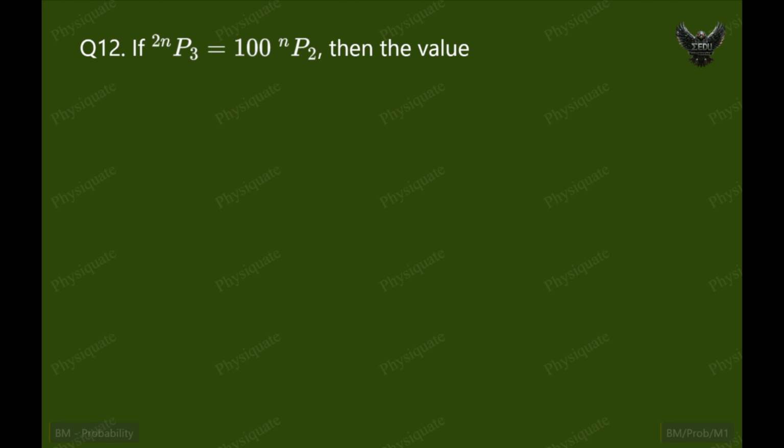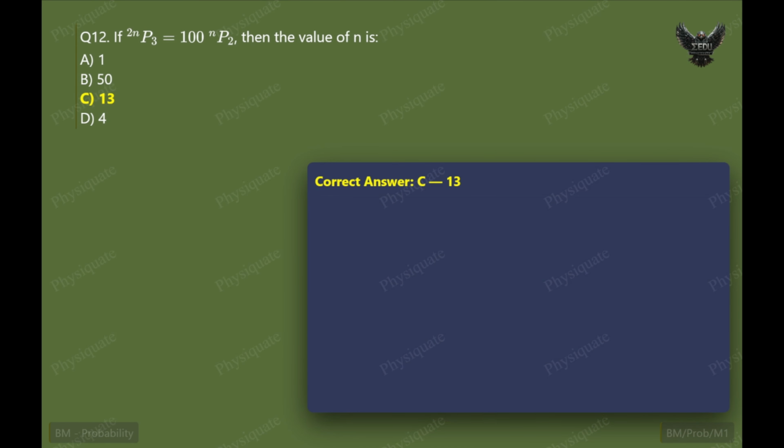Question 12. If 2nP3 equals 100 times nP2, then the value of n is. Correct answer is option. Given, 2nP3 equals 100 times nP2. Using permutation formula, nPr equals n factorial divided by (n minus r) factorial.